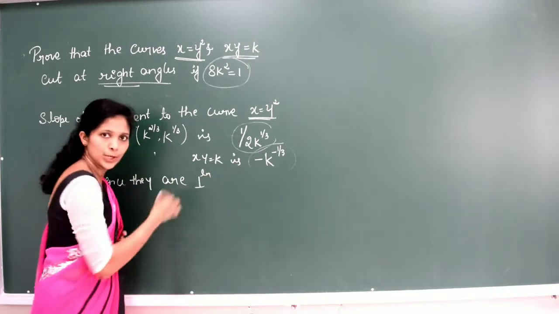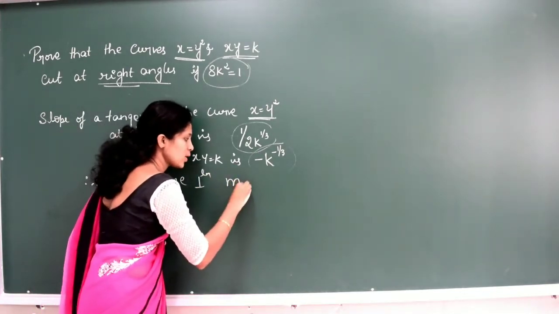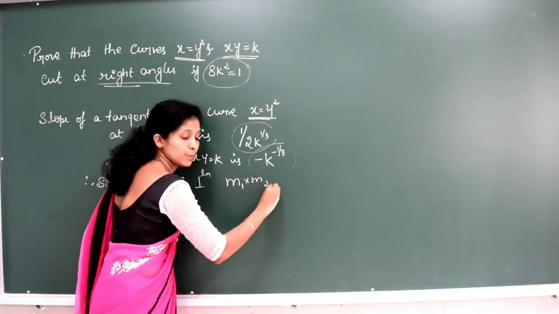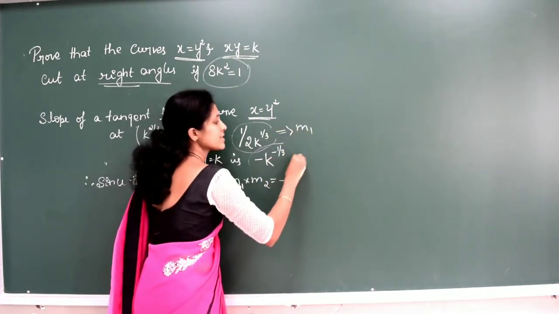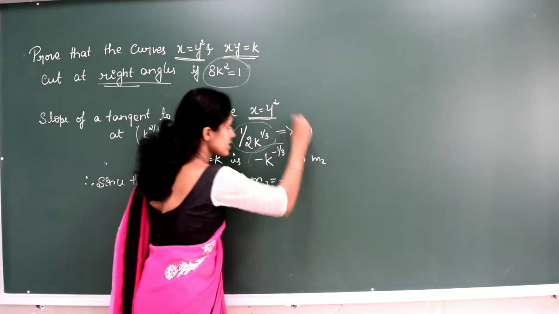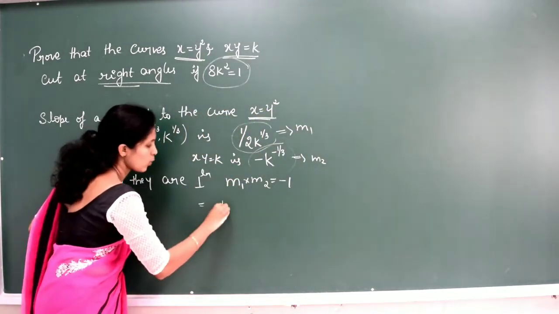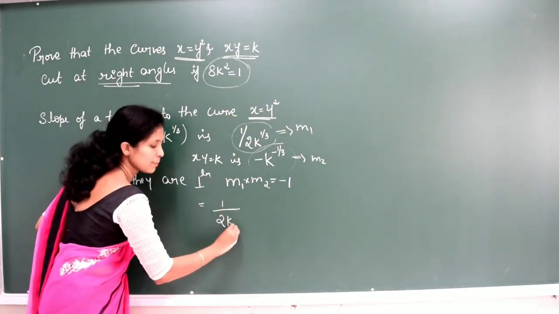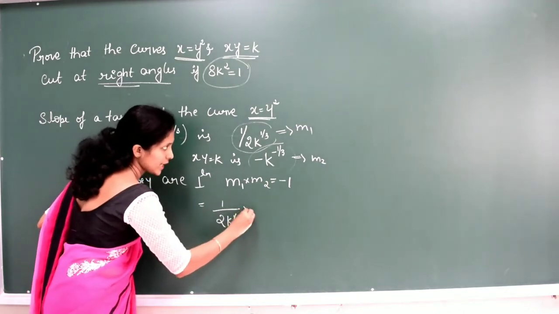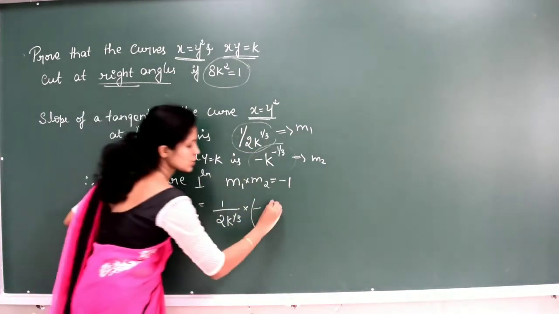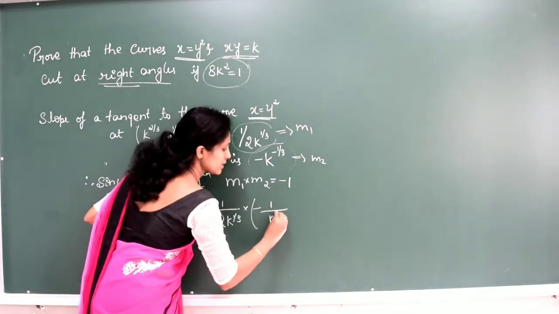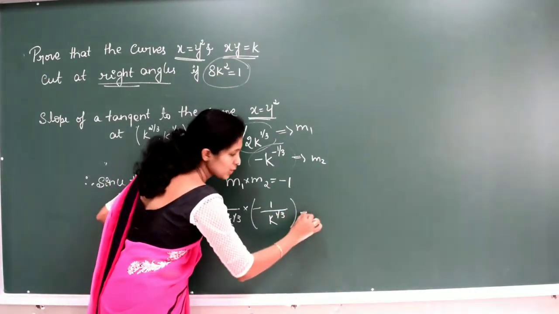Since they are perpendicular, the product of the slopes, if I consider this as m1 and this as m2, m1 into m2 should be equal to minus 1. We'll just substitute this. So this will now be 1 by 2 into k to the power 1 by 3 into minus k to the power minus 1 by 3, so I can write 1 by k to the power 1 by 3. Right? This is equal to minus 1.